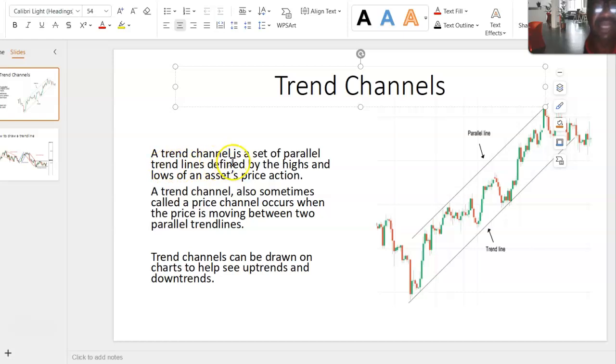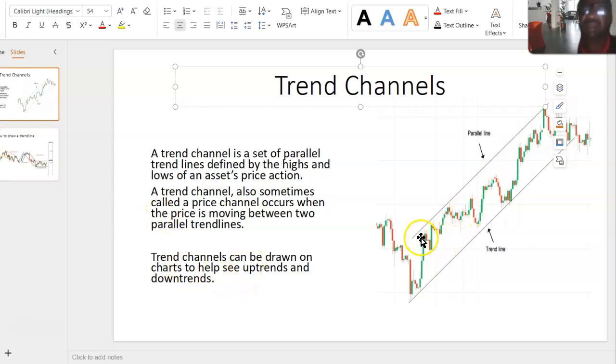A trend channel is a set of parallel trend lines defined by the highs and lows of the asset price action. A trend channel also sometimes is called a price channel, which occurs when price is moving between two parallel trend lines. Trend channels can be drawn on the charts to help see an uptrend or a downtrend.